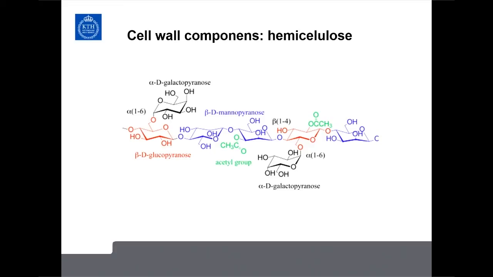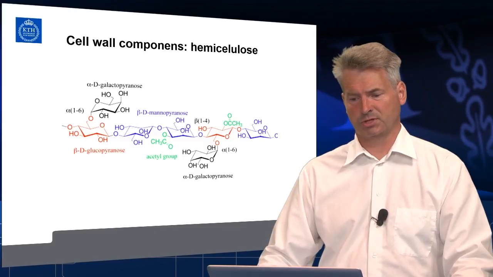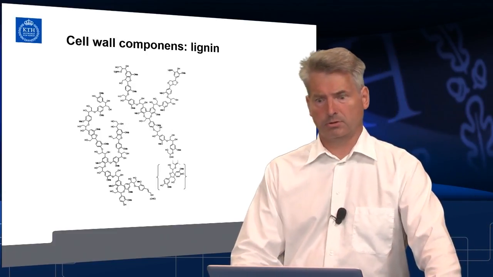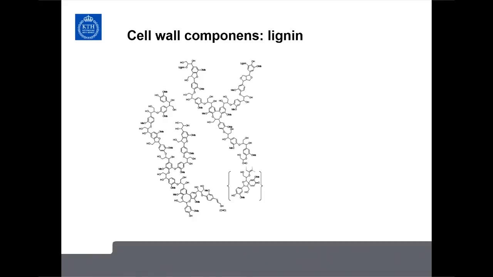So it may contain glucose, hexose, and mannose, for example. That's a difference between hemicellulose and cellulose. The lignin works as a glue between the cellulose and the hemicellulose, and it's an amorphous, non-crystalline material.